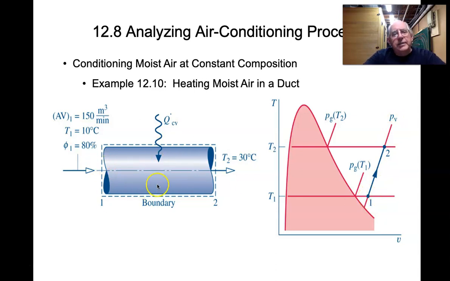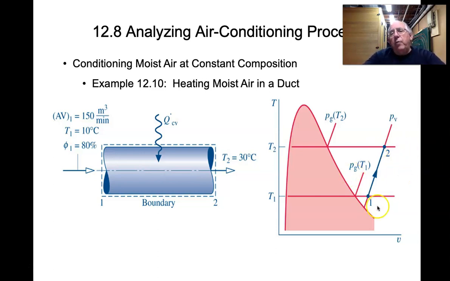Okay, during this process, heat is added and no additional moisture is added, and so the process going to state 2 is a constant pressure, constant partial pressure process. There is no additional moisture brought in, and so the partial pressure of the moisture stays the same.